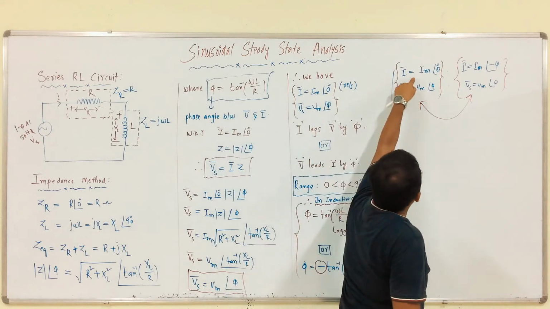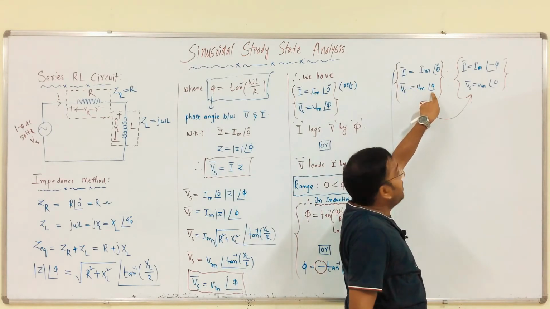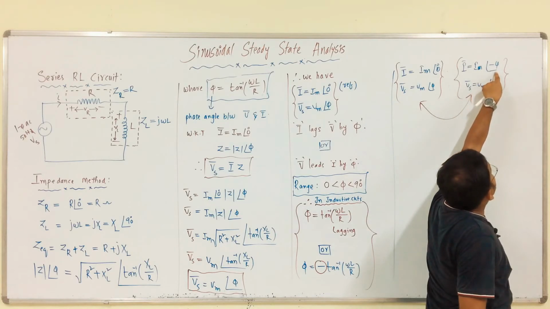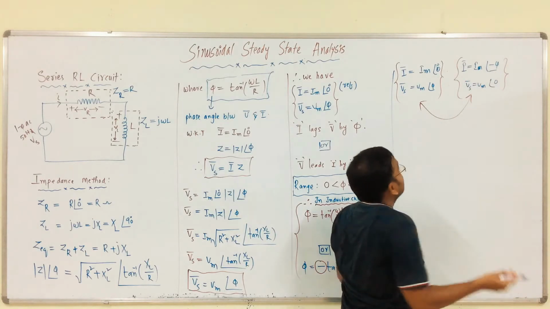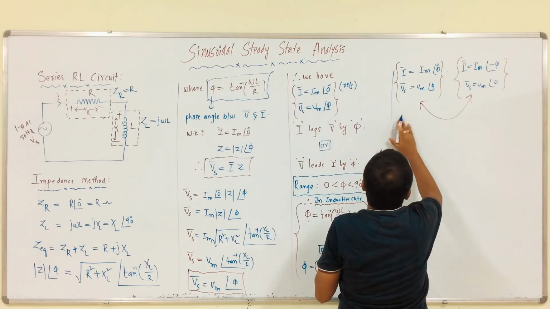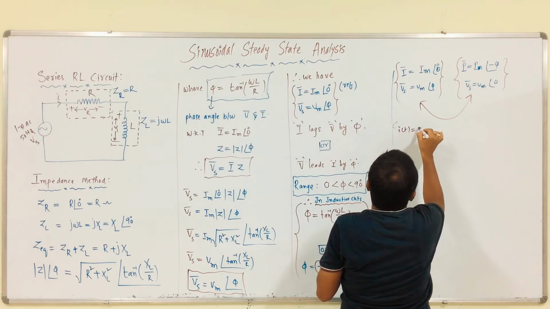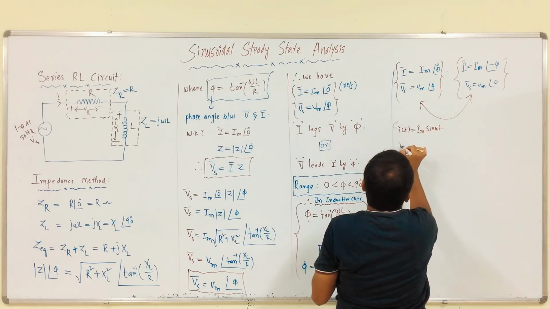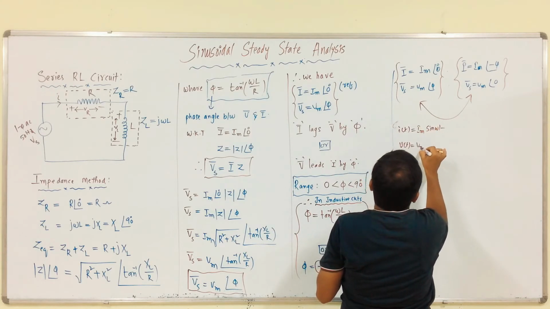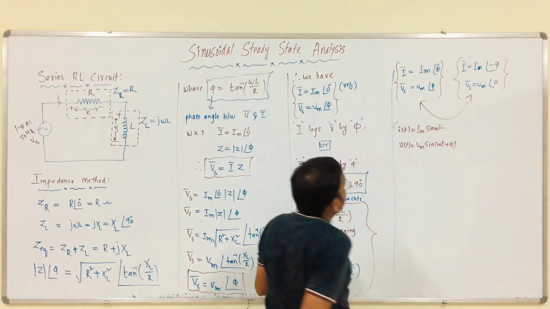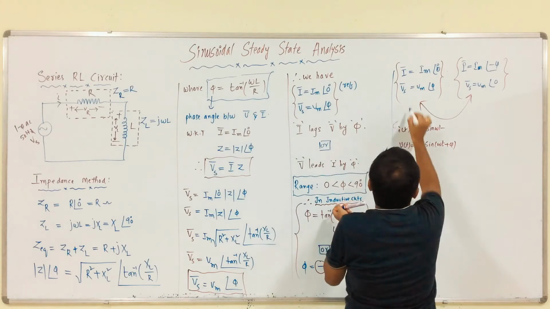From this, current lags voltage by phi. In this, current lags voltage by how many degrees? Phi only. From this, I of t is equal to I m sin omega t, and V of t equals V m sin omega t plus phi. Clear? This is the representation for this.